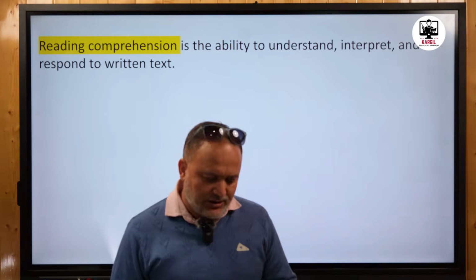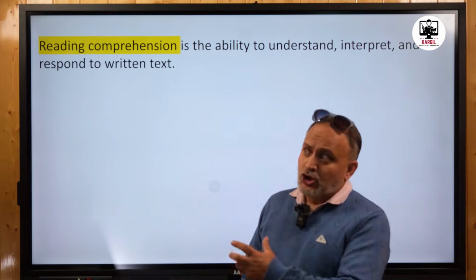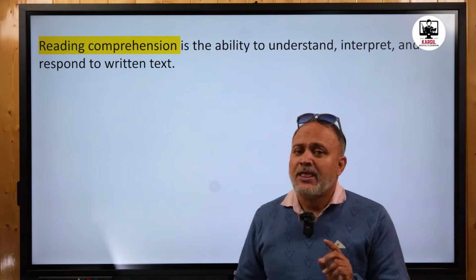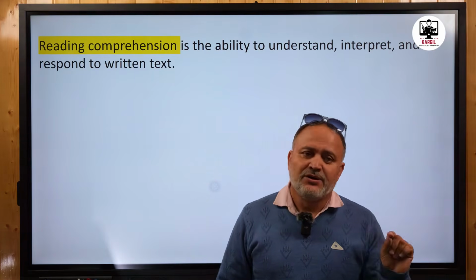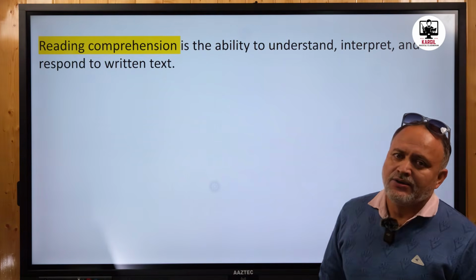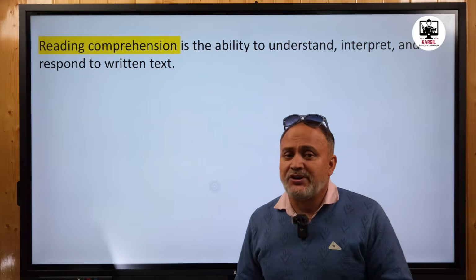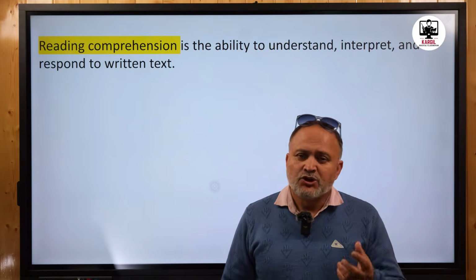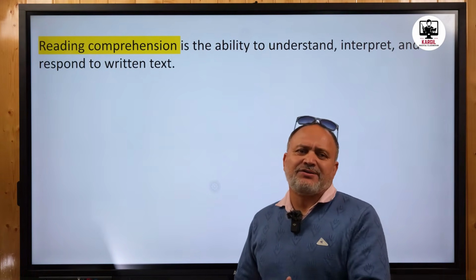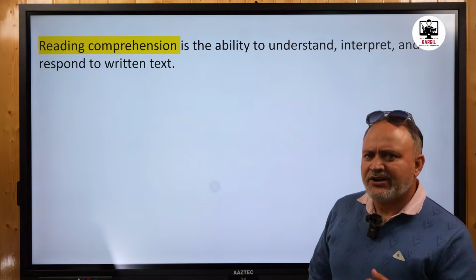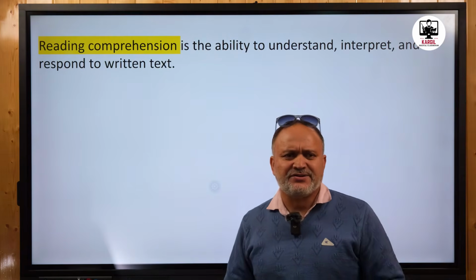You can see that in reading comprehension we have 2 words here. One is reading and the second part is comprehension. Reading is what? To read a content, read a text. But the second part is very important, that is to comprehend, to grasp what has been written in that text. For example, if somebody has written a book, he might have put in his thoughts, his experiences.